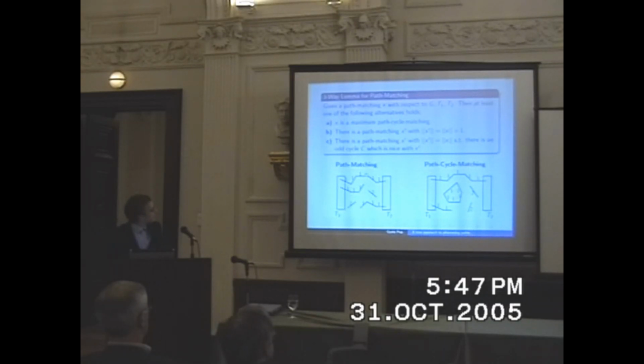I mean, X consists of node disjoint paths from T1 to T2, or from T1 to here in the middle, or from here in the middle to T2, all with weights 1, and some disjoint edges in the middle with weight 2. So this is a path matching.